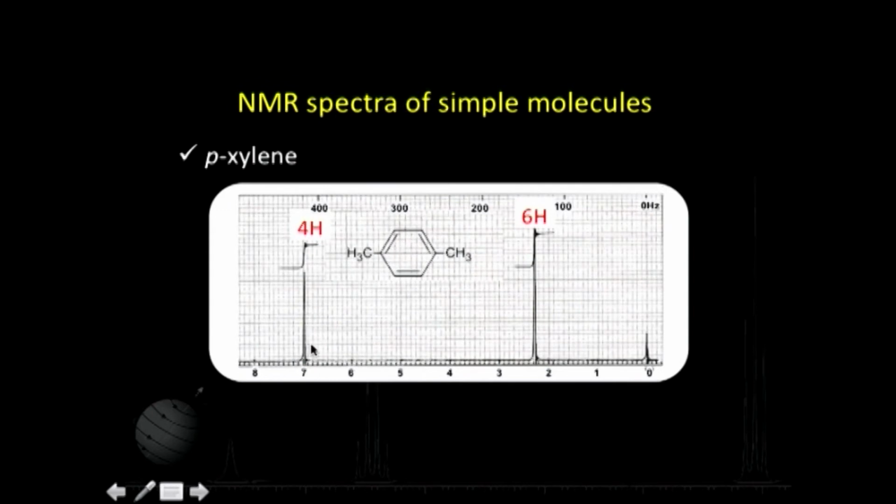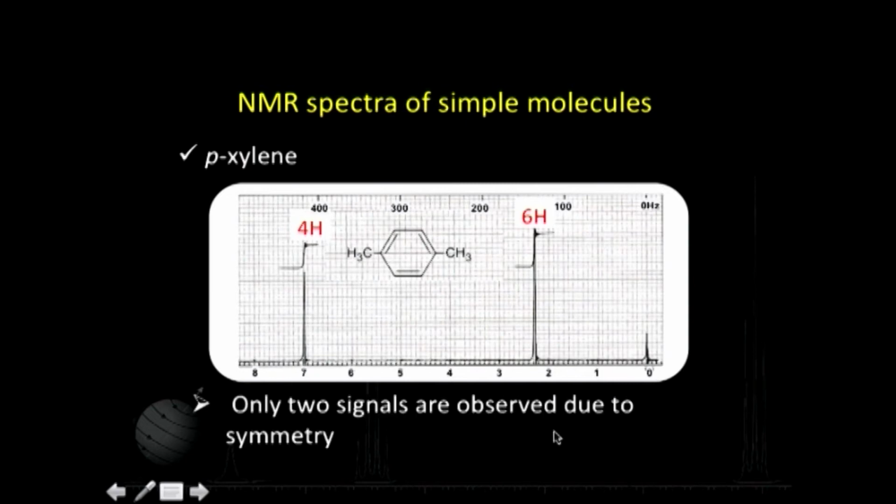That is why they are giving me one signal around 7 ppm. And these methyl groups are coming around 2.2 again, that is typical of these methyl groups which are linked directly to a benzene ring over there, and that effect we just discussed earlier. So, 2 signals are observed because of the symmetry there. Had there been no symmetry, there would have been more signals.